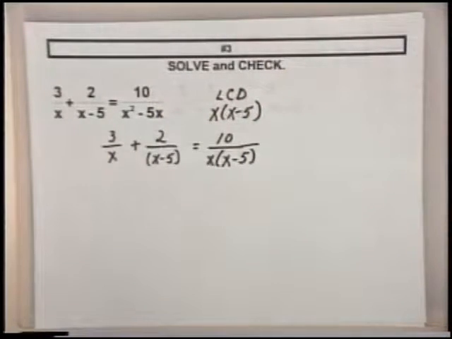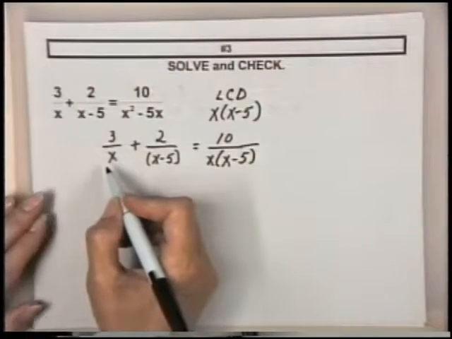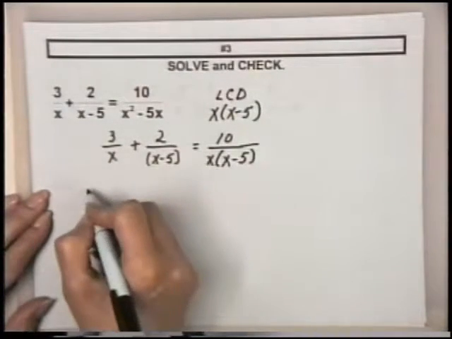Next, I will multiply both sides of the equation by the LCD, but since we have noticed that multiplying both sides of the equation is the same as multiplying each term by the LCD, let's just do that.